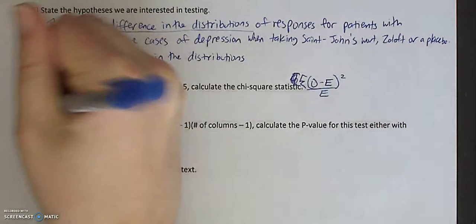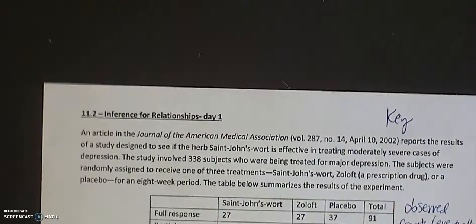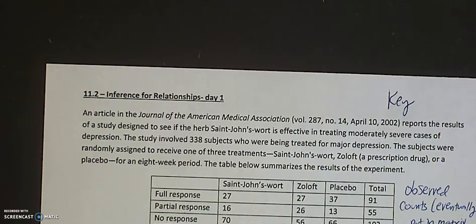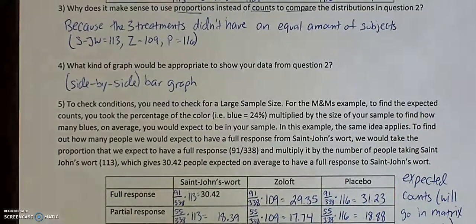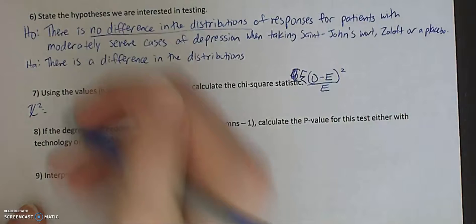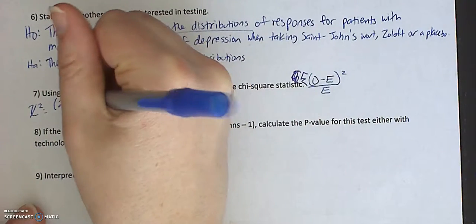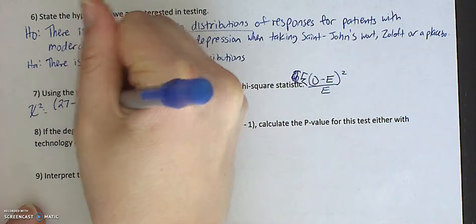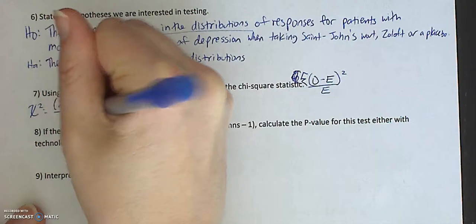So our chi-square, if I look back on the other side, the very first one, 27 had St. John's wort in full response compared to our observed or expected of 30.42. So I will do 27 minus 30.42 squared over 30.42.